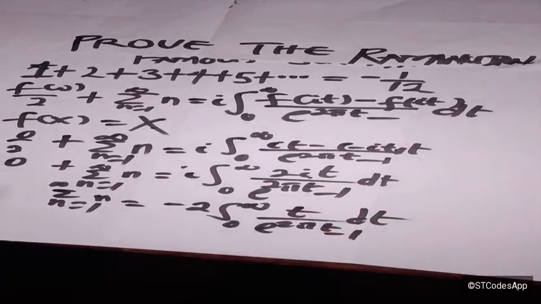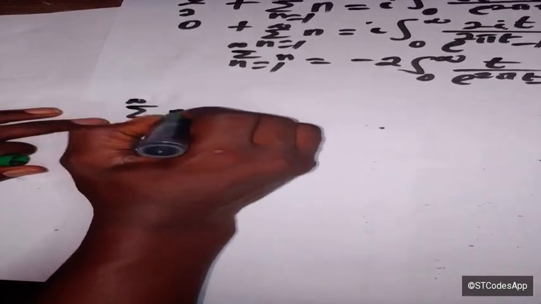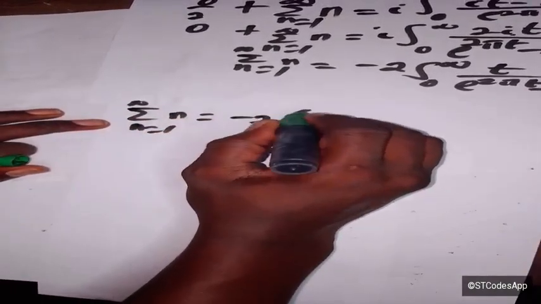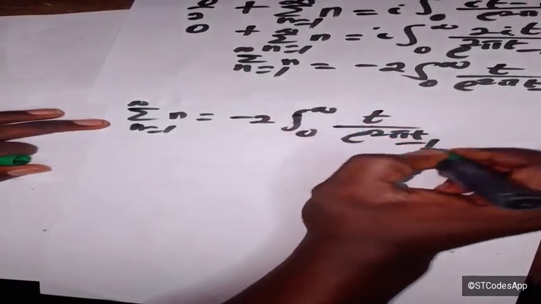Now let's move on from this point. Since we arrived here, we said the summation of n from 1 to infinity of n is equal to minus 2 times the integral from 0 to infinity of t over e raised to the power of 2πt minus 1 dt.